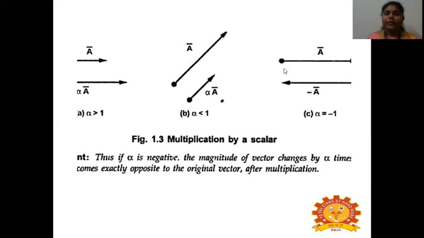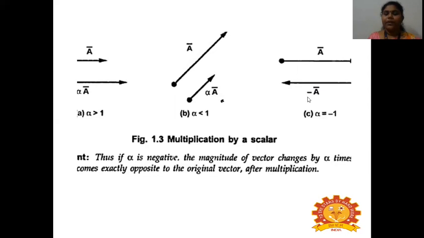Next, see here, this is the original vector, that is your vector A. This vector A is multiplied by -1 because the alpha value is equal to -1. This is in the direction from left to right. If it is multiplied by -1, the direction of the vector has been changed, that is from right to left.